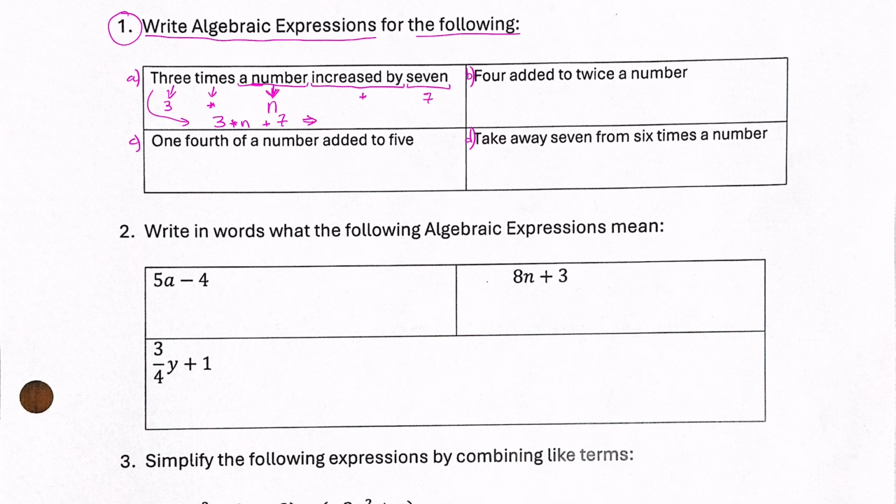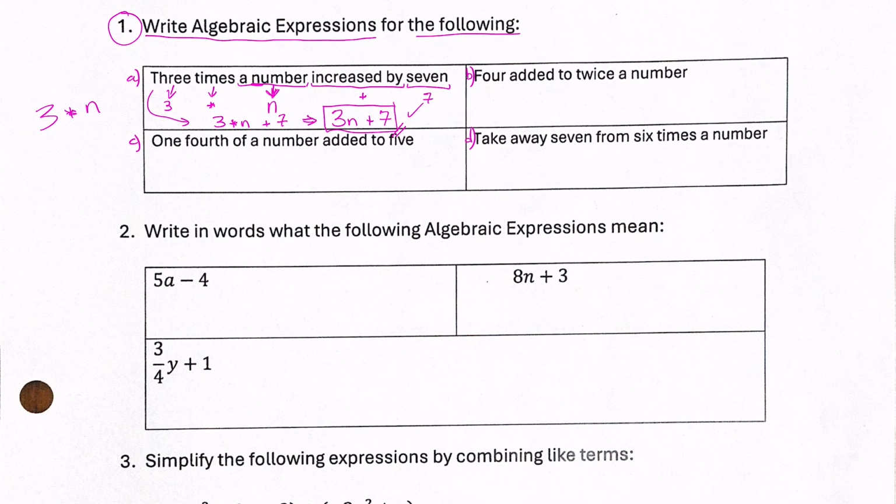In math, whenever we have a number being multiplied by a variable, we don't need to put the multiplication sign. That's kind of redundant. If we just write 3n, it's implied that it's 3 groups of n, so 3 times n. So the most simplified way to write this is 3n plus 7. That's what 3 times a number increased by 7 means. Nice. Okay, so that's 1a.